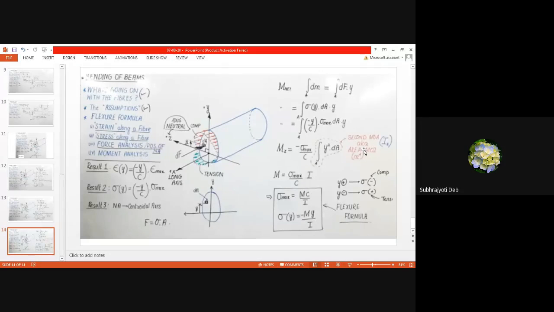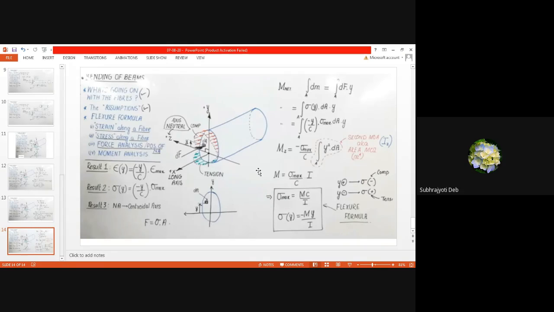Only the terminology differs: second moment of area or area moment of inertia. In the book you can see this term is termed as this. So this whole term, integration of y square into dA, can be represented as Iz, that is second moment of area with respect to z axis.